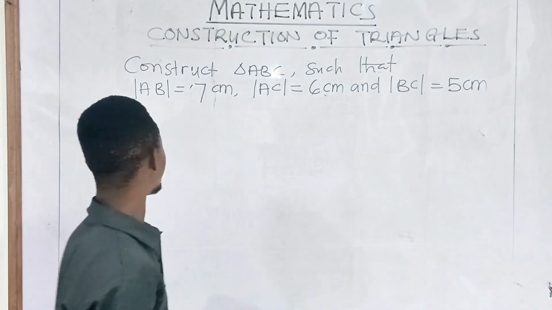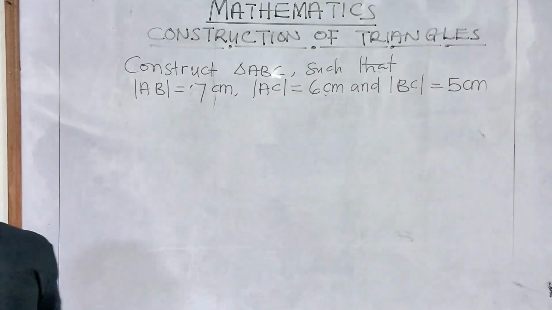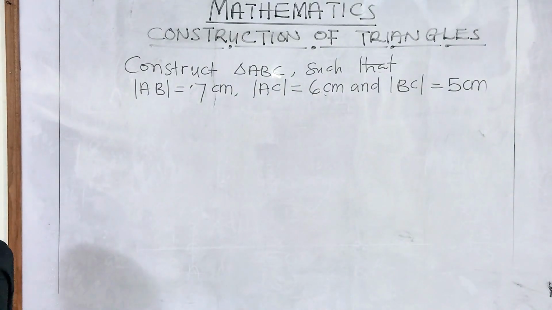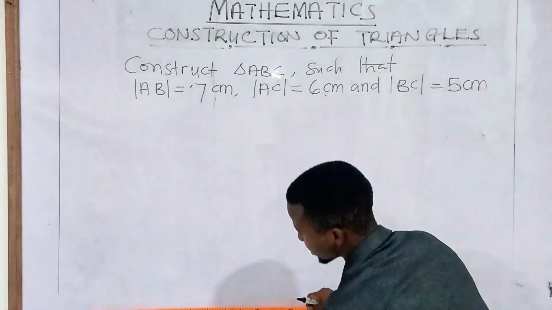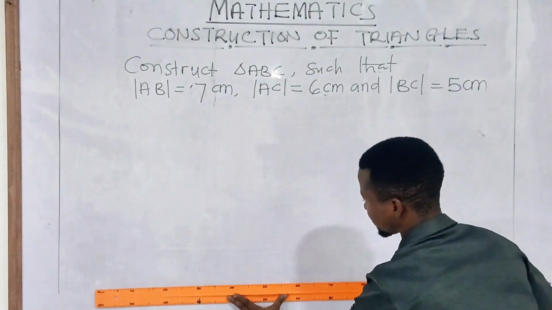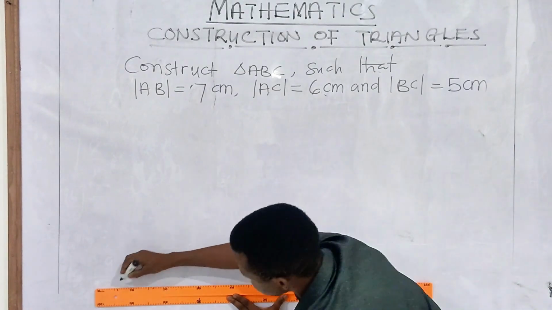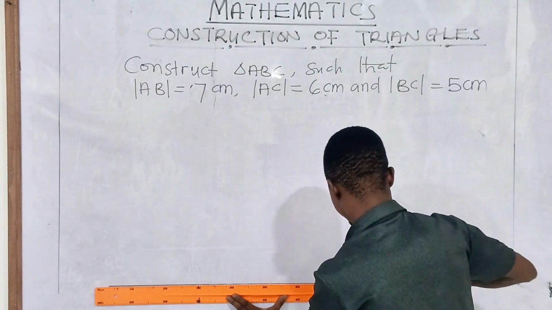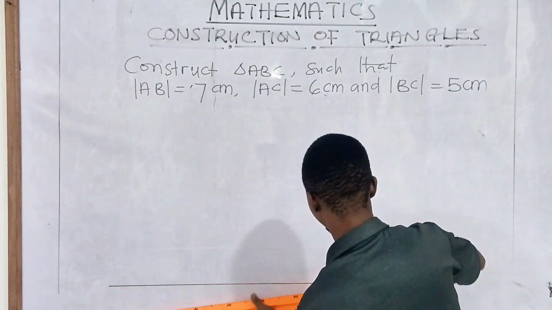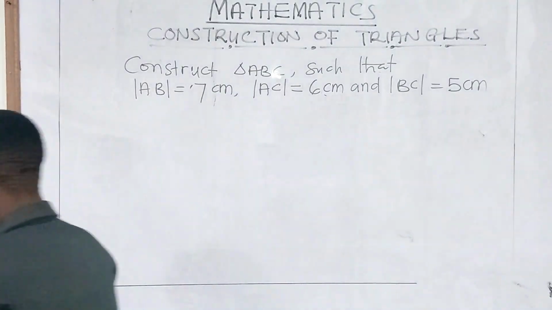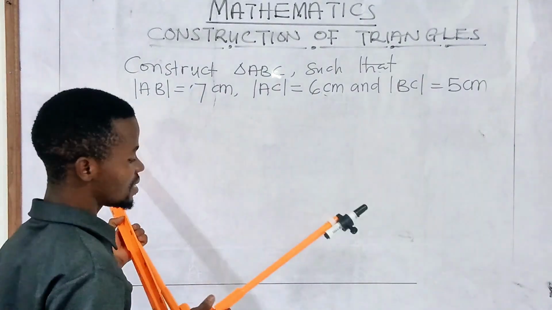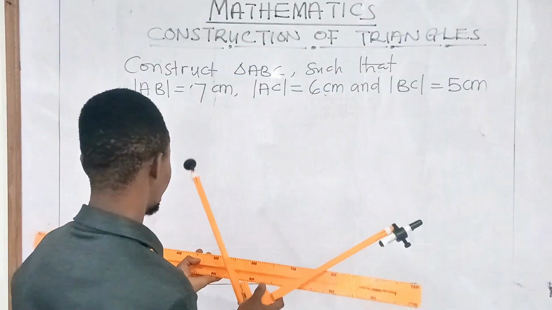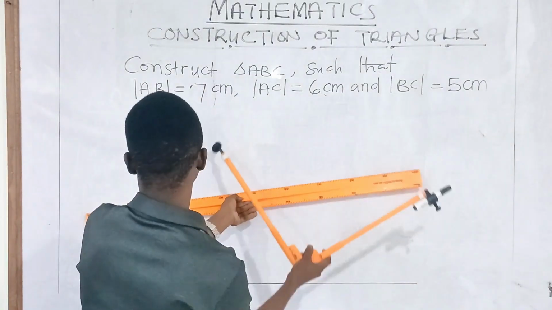So the first thing you do is you construct your AB, which is 7 centimeters. So we start with a line. The length of the line segment AB is 7 centimeters. So let's measure 7 centimeters.